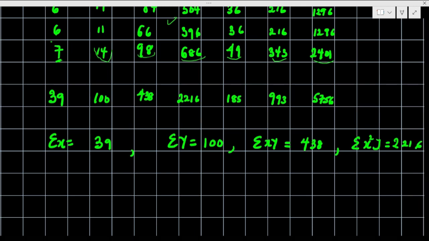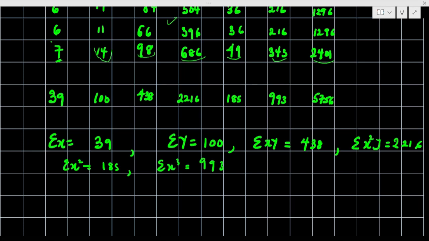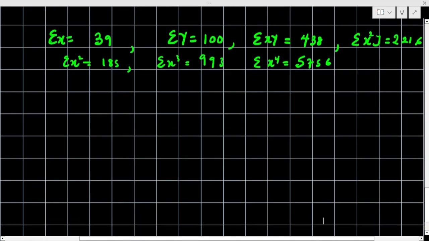Now, the sum of x squared will give us 185. The sum of x cubed will give us 993, and the sum of x raised to power 4 gives us 5756. Now, when we have all of these values, it will permit me to rewrite my given equation.